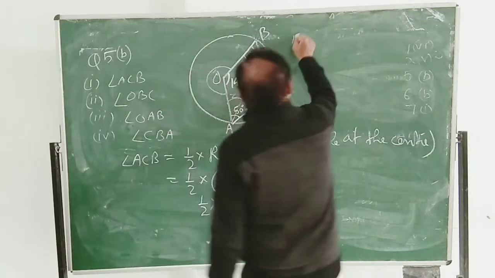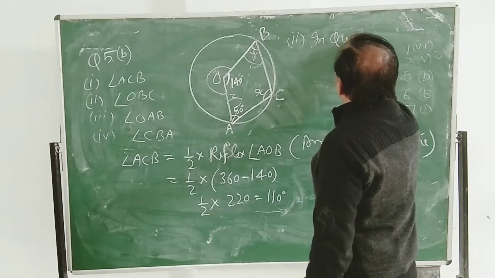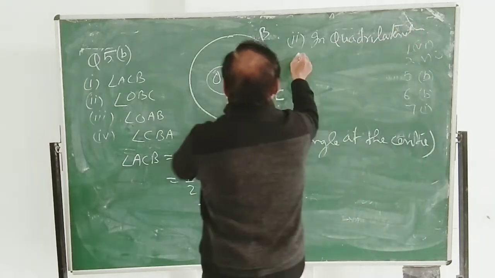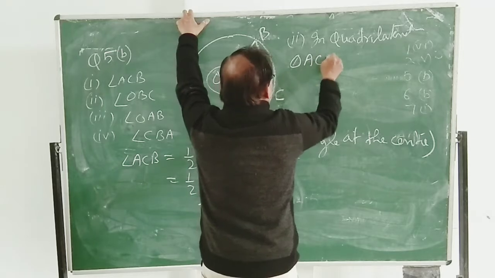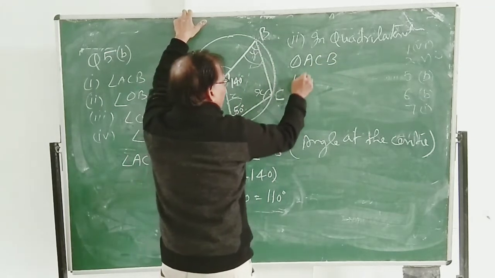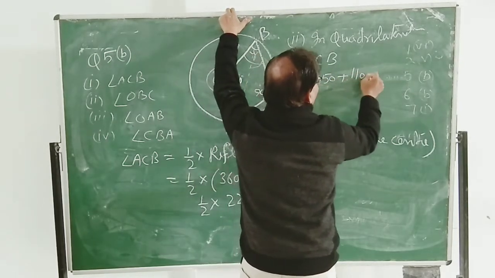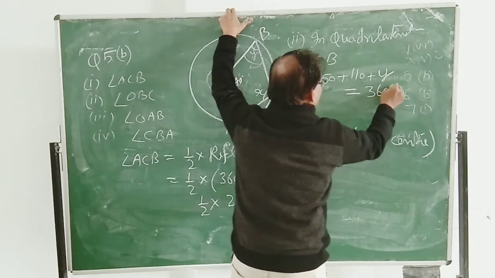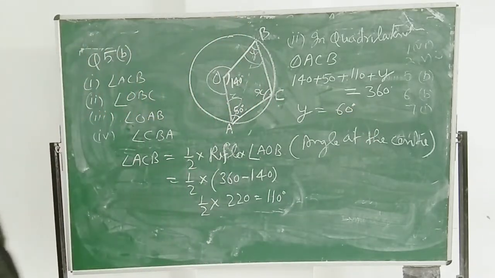So for the second part, in quadrilateral OACB, 140 plus 50 plus 110 plus y is equal to 360. So y you will get 60 degree after calculation.